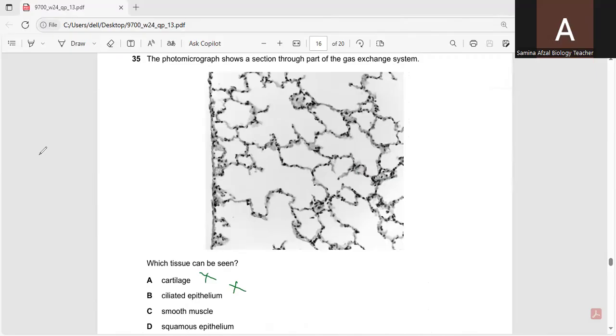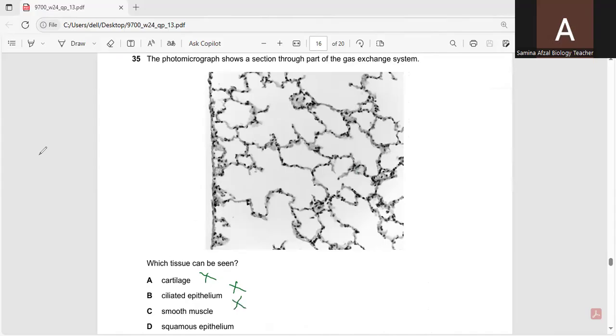Smooth muscles are present in the walls of the bronchioles, and at the ends of the bronchioles the alveoli are present, regulating their diameter and thus airflow. The prominent structures in the image are the air sacs, the alveoli. So smooth muscles are not over there.